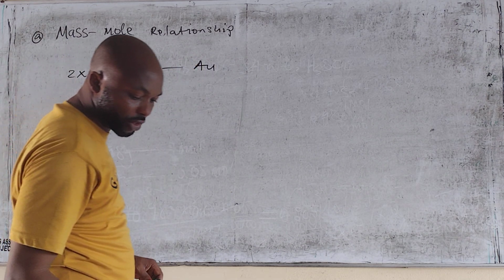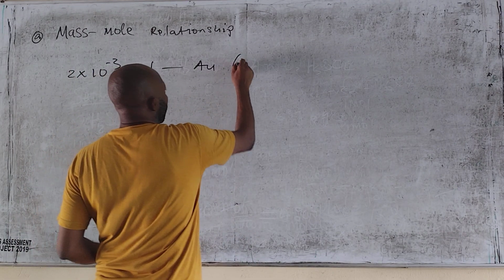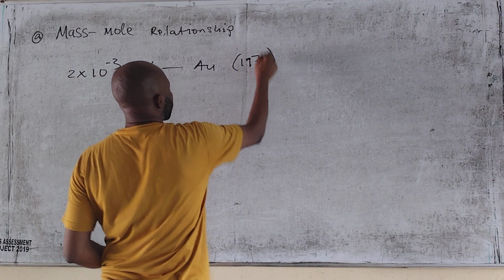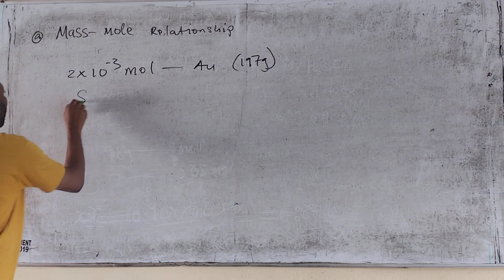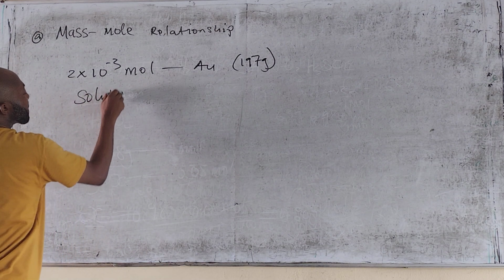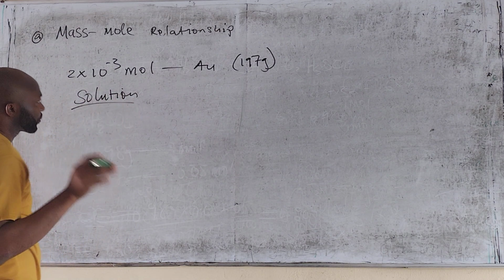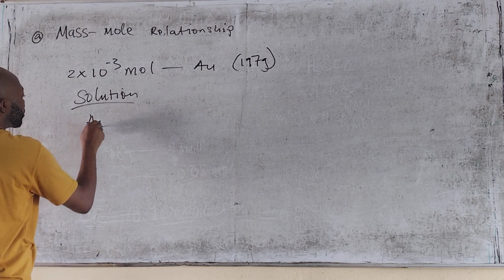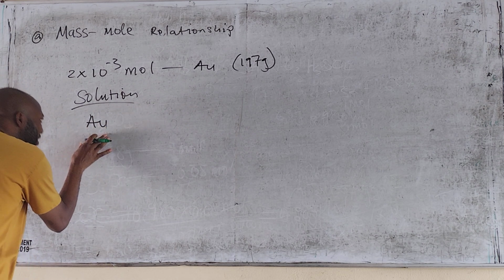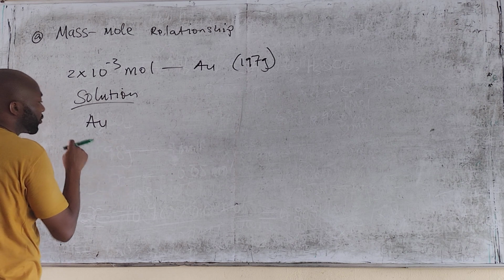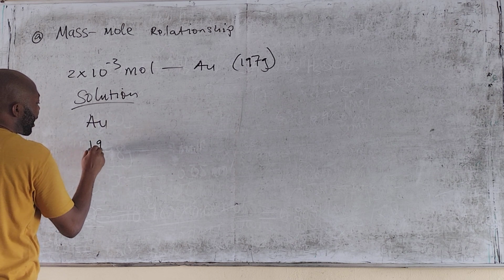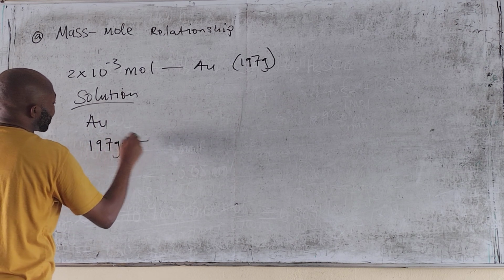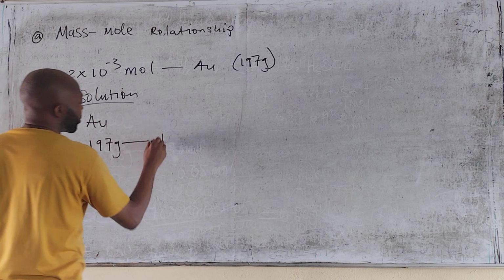The relative molecular mass of Au is 197 grams. So let's start with that. We have our solution here. The mass of gold, 197 grams, is equivalent to 1 mole.